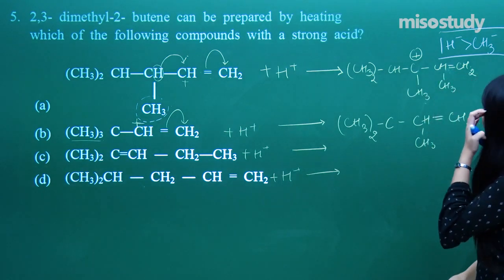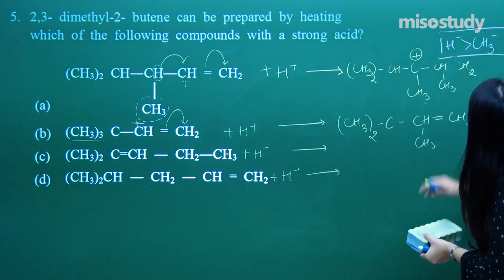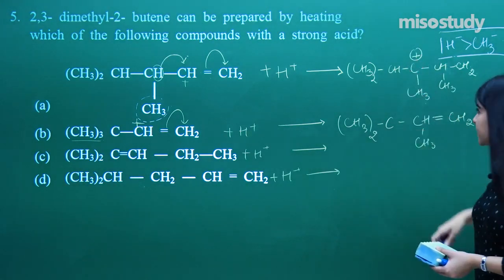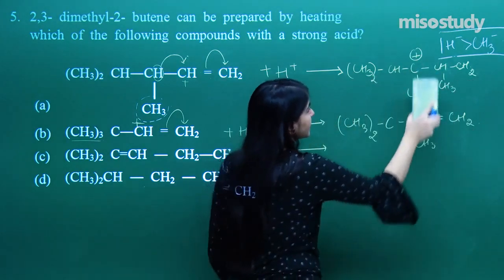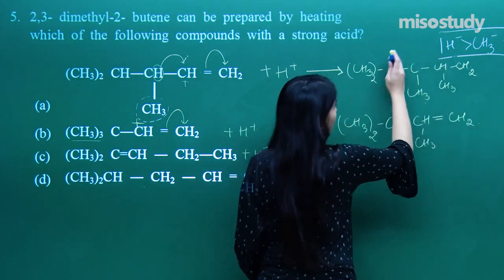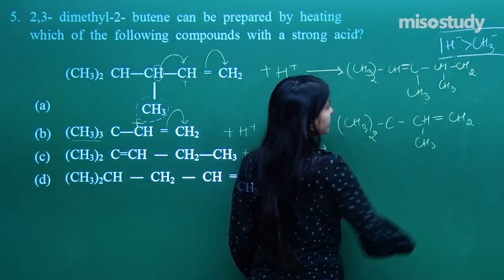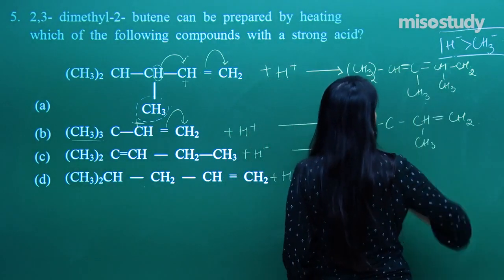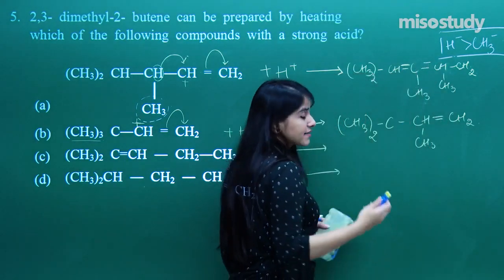This very kind of a reaction. Let me just remove the double bond over here, because the double bond now will be shifted to either of the sides. It could be this side or that side. So if I put the double bond here or over here, those can be the two possible cases.